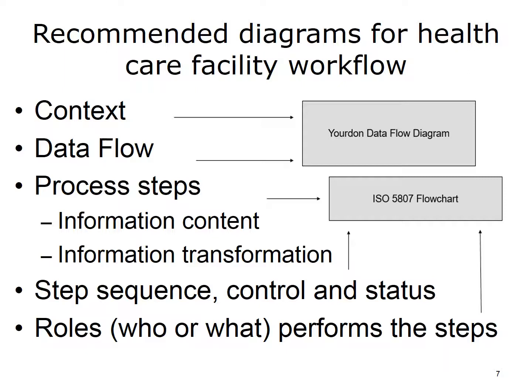For our work here, we concentrate on the following: Jordan data flow diagrams for context diagrams, ISO 5807 flowcharts for process steps and step sequence and control, as well as roles performing steps. Jordan context diagrams and ISO 5807 flowcharts are covered in this unit in Lectures B and C. Detailed instructions are provided on how to create and use these diagrams.